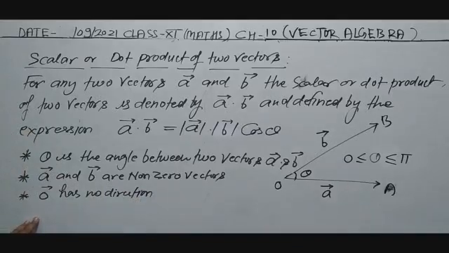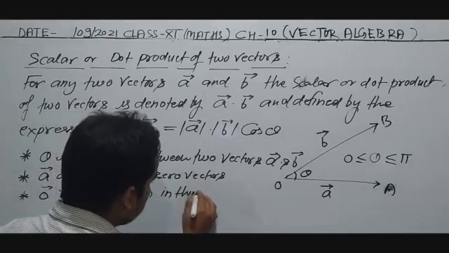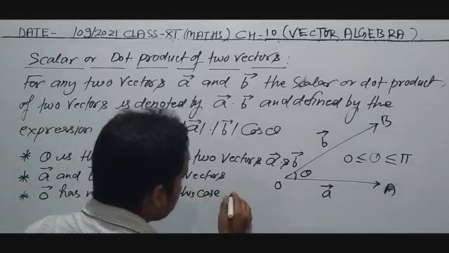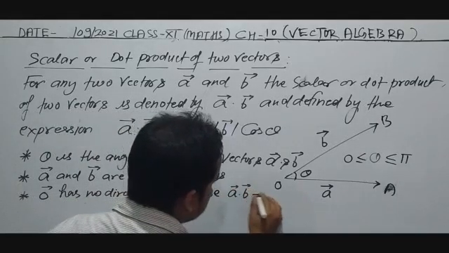So what can we say about A dot B in this case? For vector A and vector B, the result will be 0.